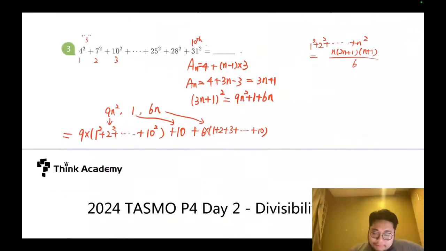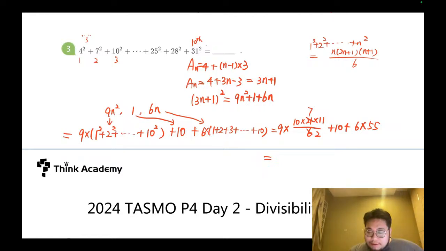After that, the expression becomes 9 times 10 times 21 times 11 over 6, plus 10, plus 6 times (1 plus 2 plus 3 up to 10), which is 55. So you do the cancellation. This one divided by 3 gives 7, this one divided by 3 gives 2. So it becomes 770 times 9 over 2 plus 10 plus 330.